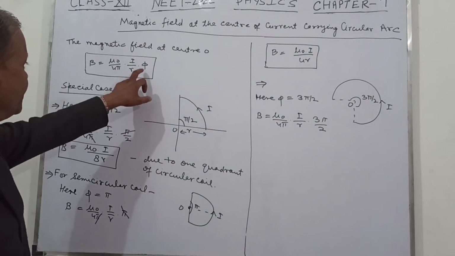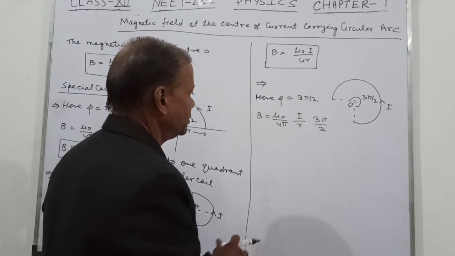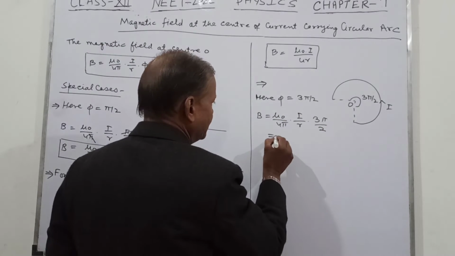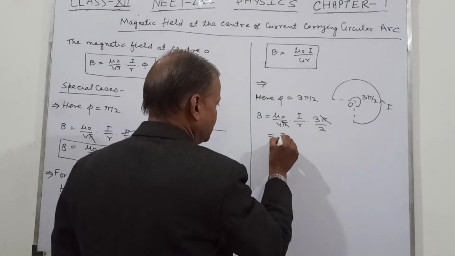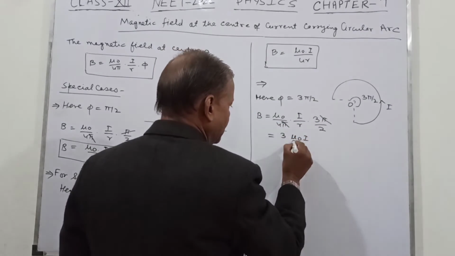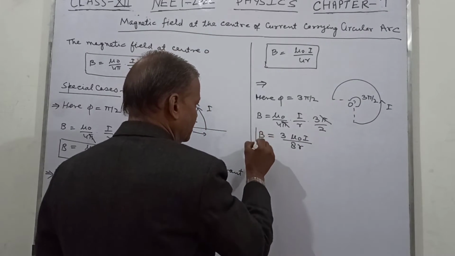In place of phi we are using 3 pi by 2. This pi and pi will cancel, so this is 3 mu naught I upon 8R. This is B.